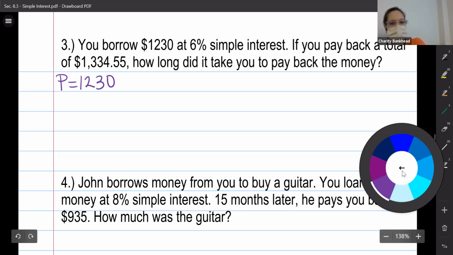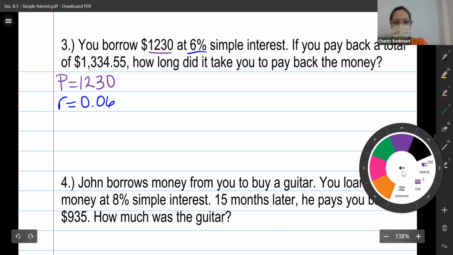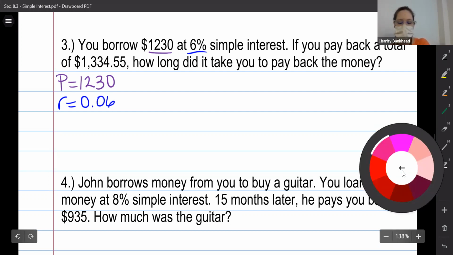P. And then R is 6%, so that's 0.06. All right, you pay back a total of $1,334.55. So which variable is that? That's A. How long did it take to pay back the money?